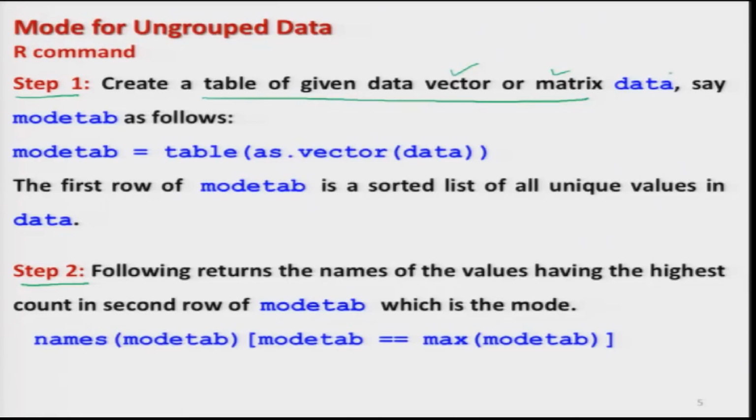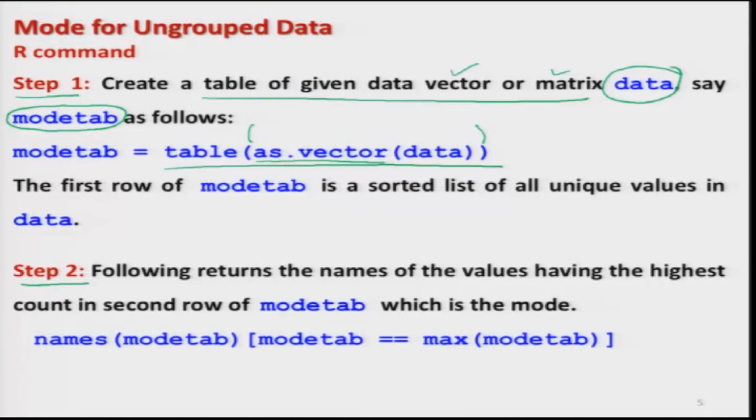I will store my data inside a variable named data, and whatever the outcome of the table of this data is, I am going to call mode tab, the short form of mode table. To do this, I will use the command table that we used earlier, and inside the arguments I will write as.vector.